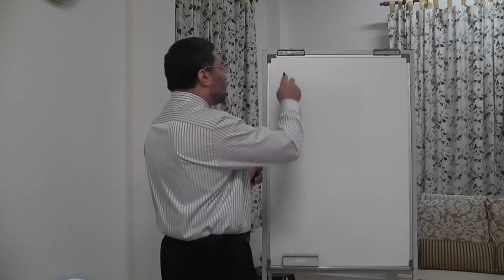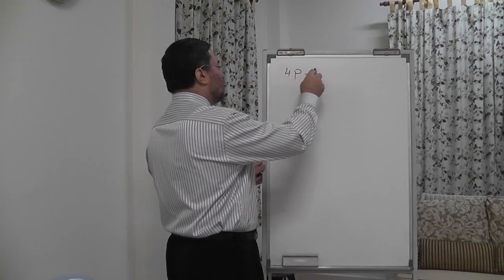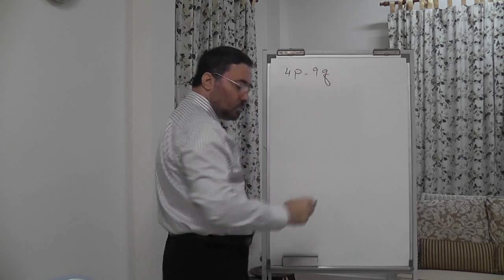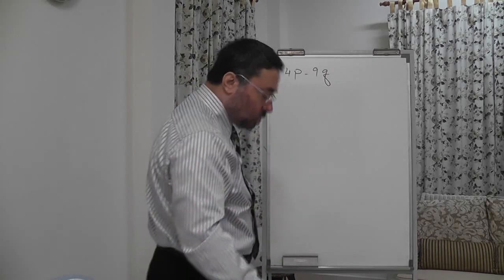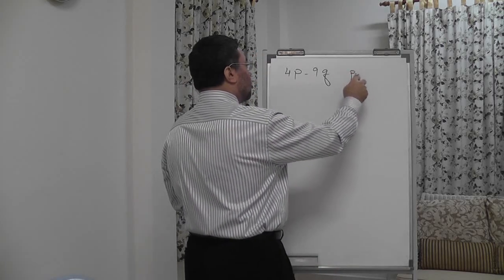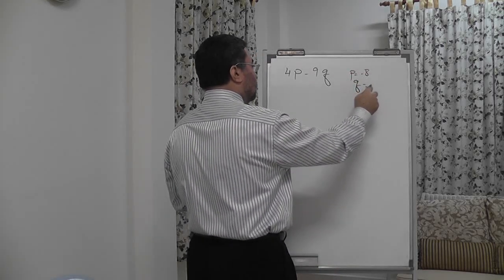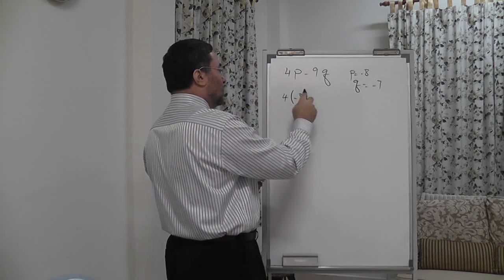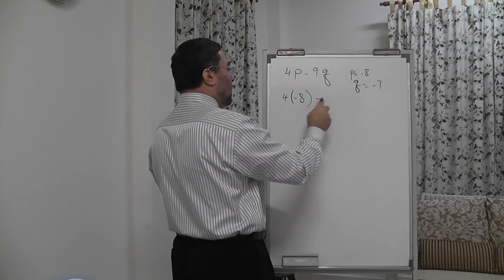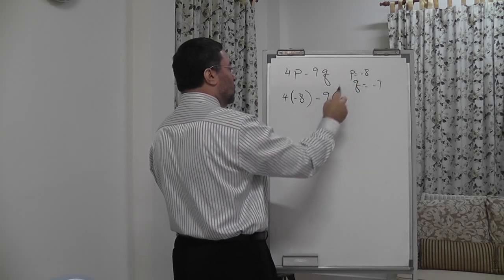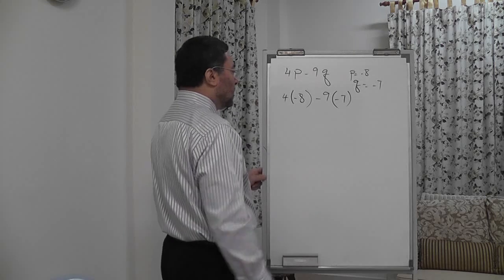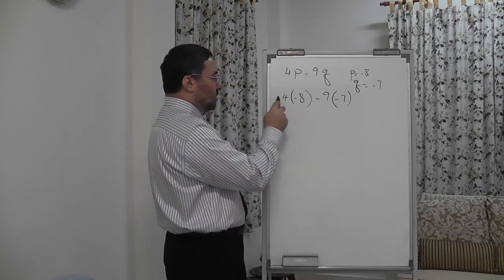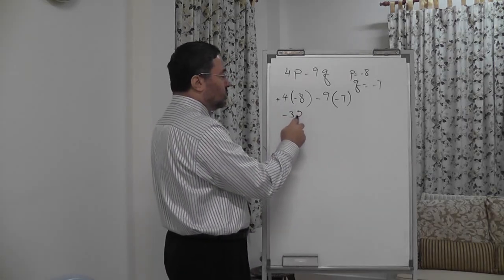Number 26, 4p minus 9q. And that's for p equals minus 8, q equals minus 7. So 4 into minus 8, we replace p by its value, minus 9 into, we replace q by its value. 4 times minus 8, that will be minus 32.